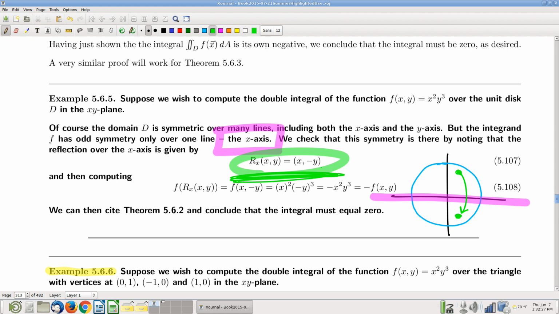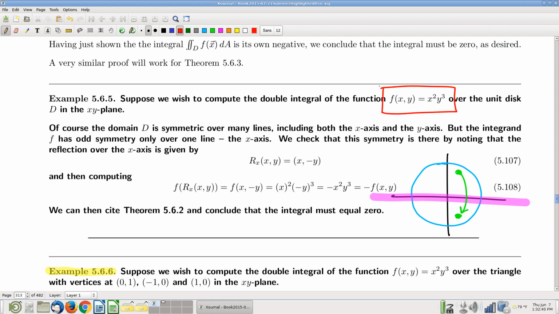So this is clearly a symmetry of the unit disk. We've got a formula for the explicit reflection, and I claim that this reflection makes the function odd. Now we're going to look over here at the function. Here's our function again. Keep in mind what it would mean for a function to be odd. I would need f at the reflected point to be the negative of the value of f at the original point.